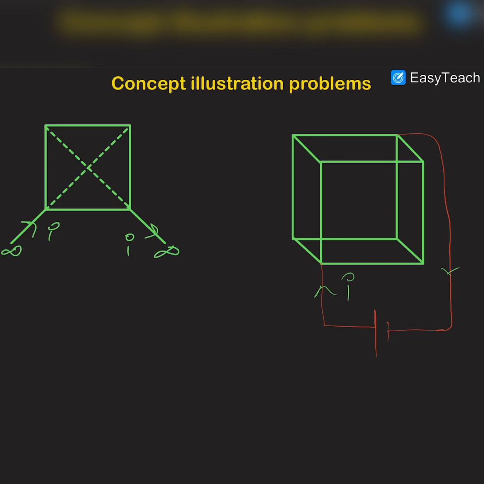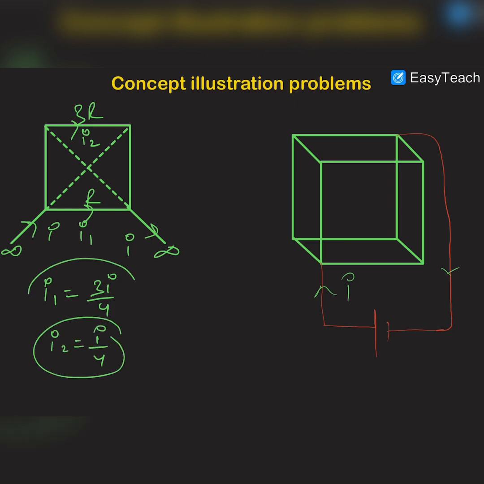You can also see that in this case, let us suppose the resistance of these three is 3R and the resistance of the lower wire is R. So the current flowing through the lower wire is I1 and through the upper is I2. So I1 will be equal to 3I by 4 and I2 will be equal to I by 4.